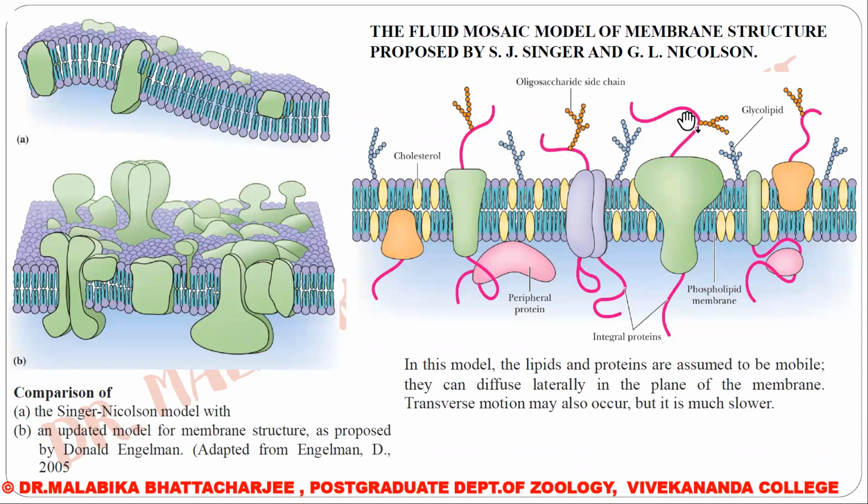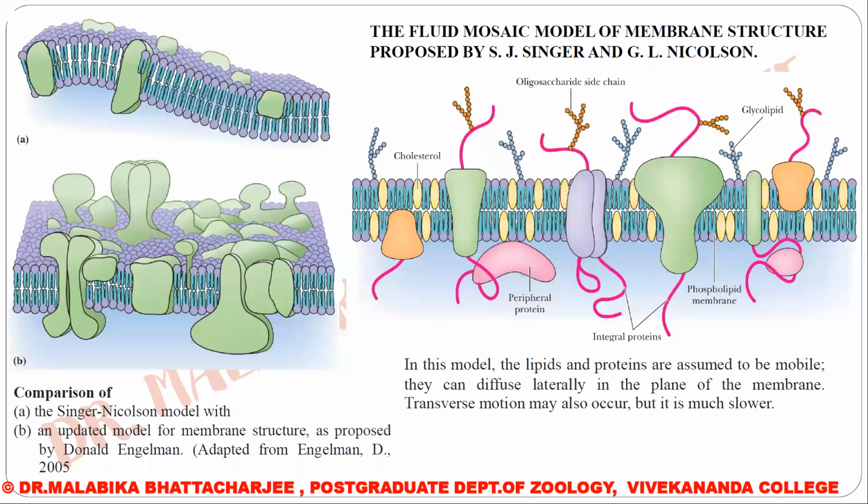This is a much simplified structure of the Singer-Nicholson model, as you can see. We have the proteins. The proteins that travel through the membrane are the integral proteins. Or the proteins remain attached to one side of the lipid bilayer, and these are the peripheral proteins.